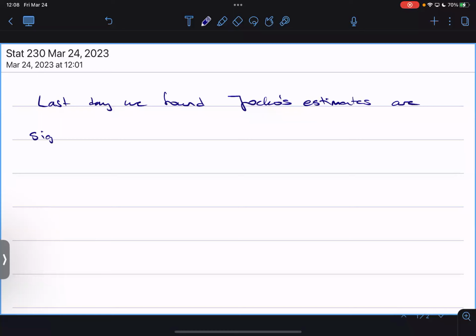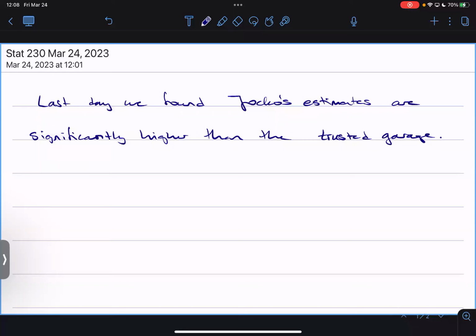Are significantly higher than the trusted garage. I'll capitalize the trusted. It's not the name, but I don't know. Maybe I shouldn't. It's weird. Oh, right, with my eraser. Trusted garage. How much higher?